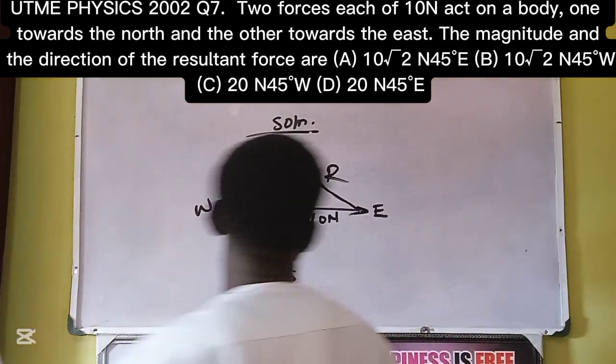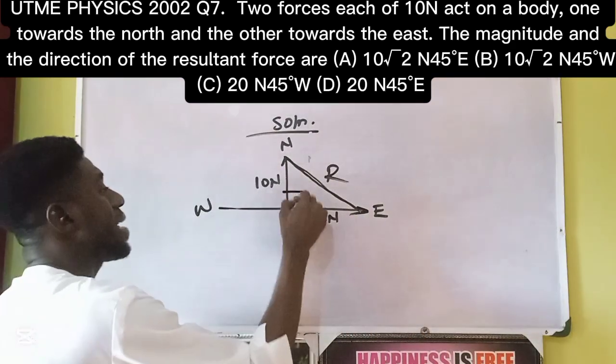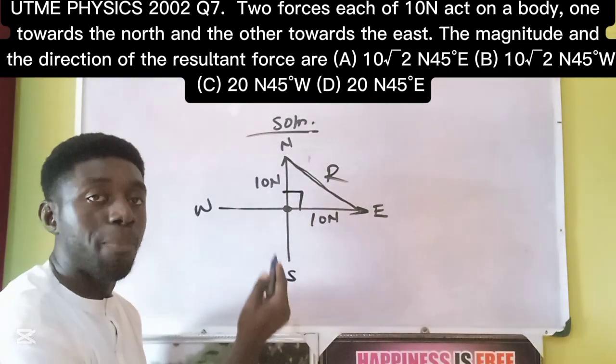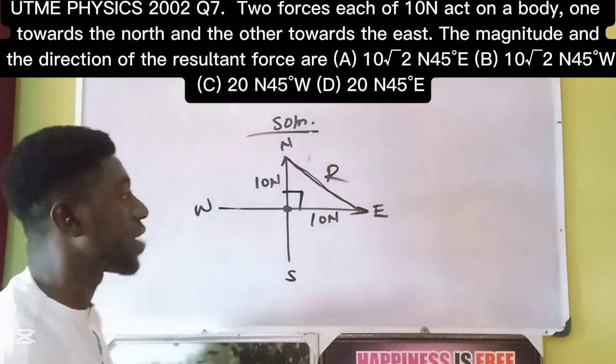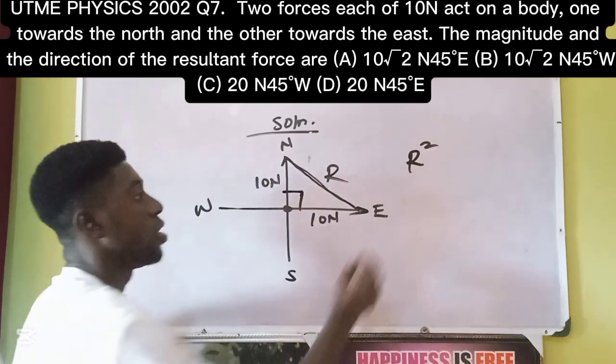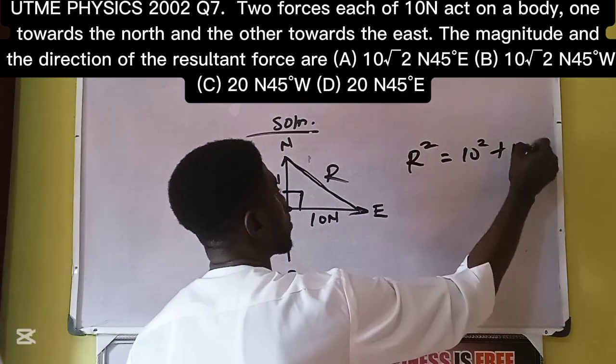Let's solve. Then observe. To get this, we have three sides. To get that, we apply Pythagoras theorem. With the triangular rule of vectors, you apply Pythagoras theorem to get the resultant vector. I'll be having R squared, which is the hypotenuse, equal to the opposite and adjacent squared, 10 squared plus 10 squared.